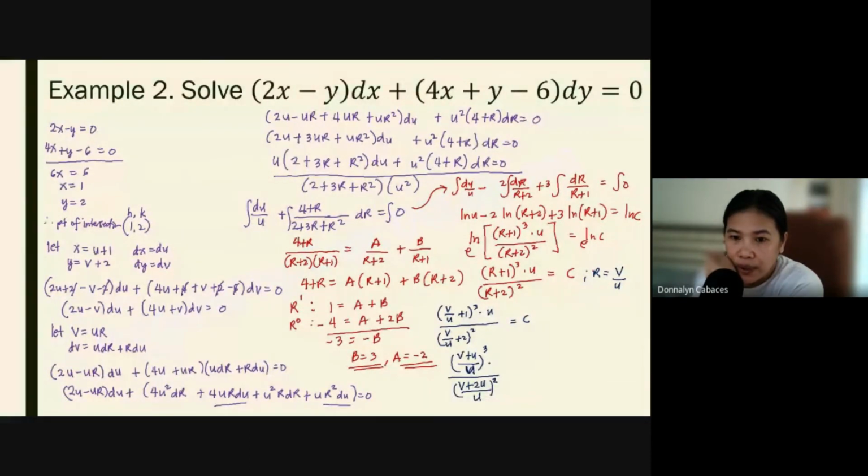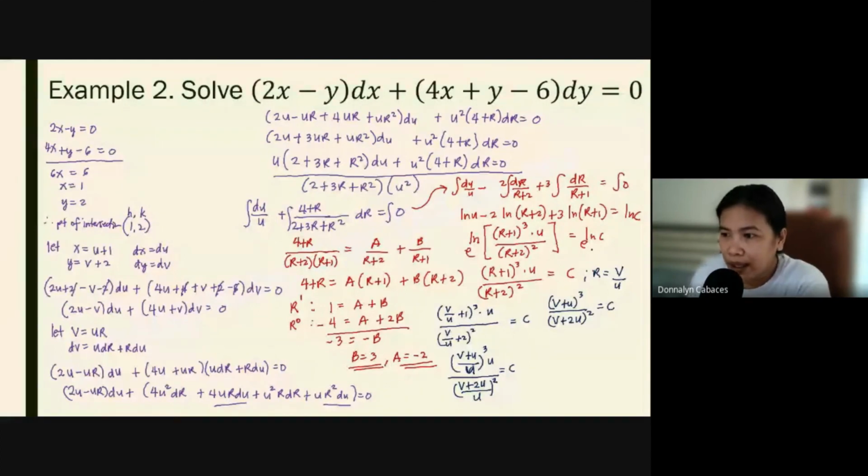You have here times U. Okay, so let's simplify. You have here U over U cube is 1 over U squared. Over 1 over U squared, so there is no more denominator. So now we have V plus U cube over V plus 2U square is equal to C.